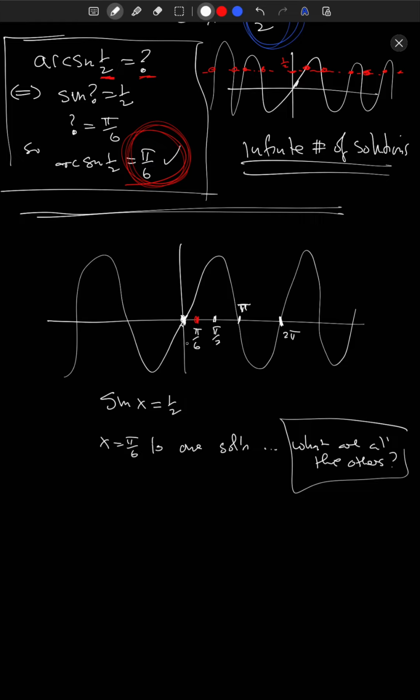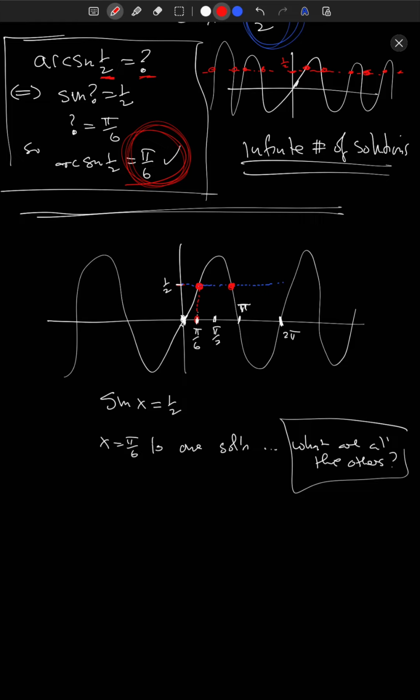All right, so one thing that we can notice from the graph is if this is pi over 6 here, we know sine of pi over 6 is 1/2. So when I go up, that height right there is 1/2. That's the meaning of sine of pi over 6 is equal to 1/2. Now, if I draw a horizontal line at the height 1/2, all the way to 2 pi, I can see that there's another point right here.